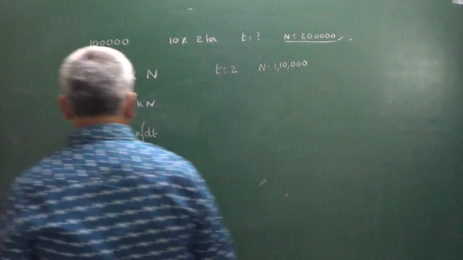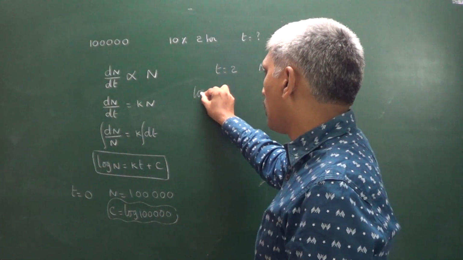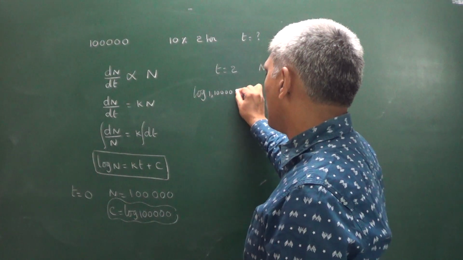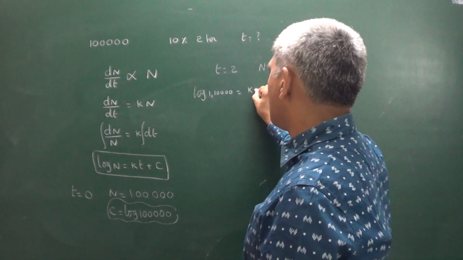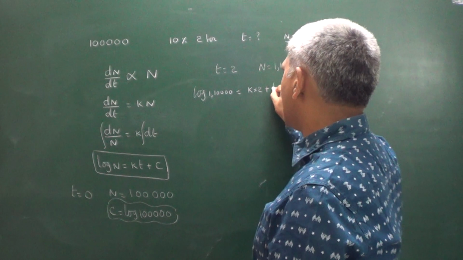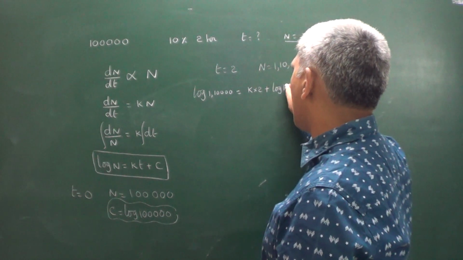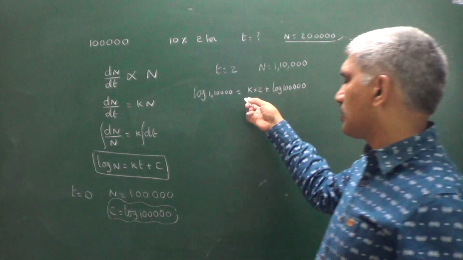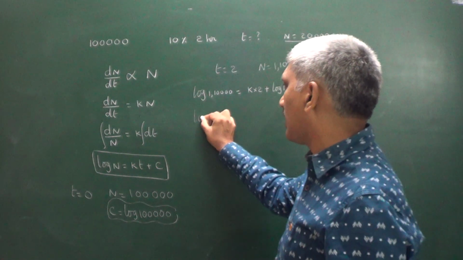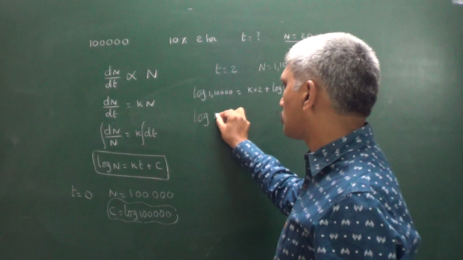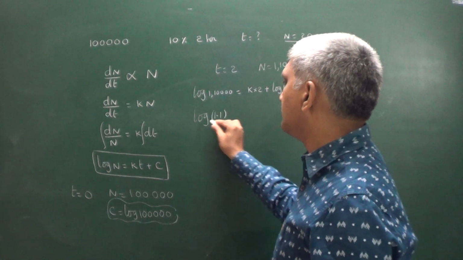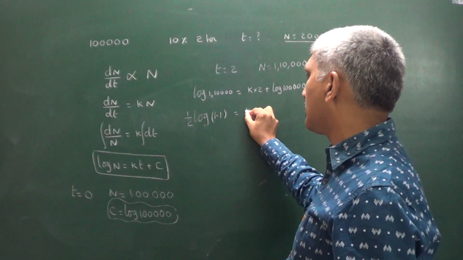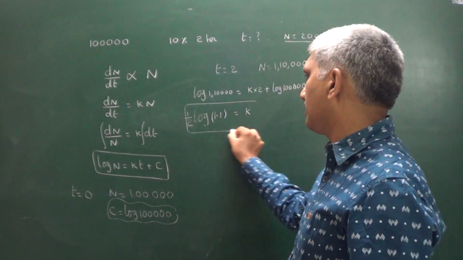Now substitute here, then you will get log of 1 lakh 10,000 is equal to k times 2 plus c, and the value we already got for c is log 1 lakh. Now from here we can find the value of k: k is equal to 1/2 times log 1.1.